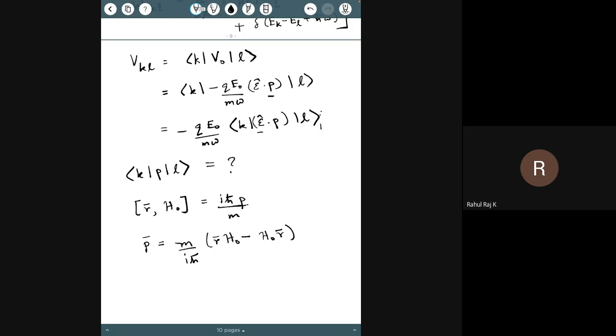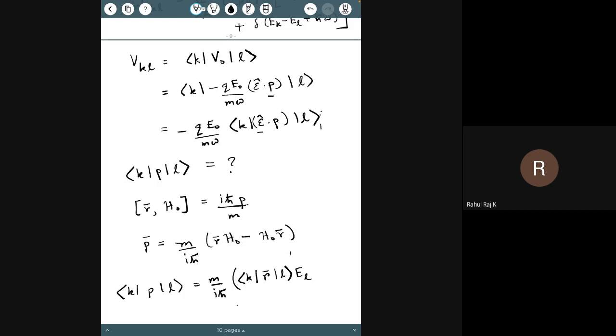Then my matrix element between K and L is simply M by i h cross, sorry, K R L, and H0 has acted on L to give me EL.